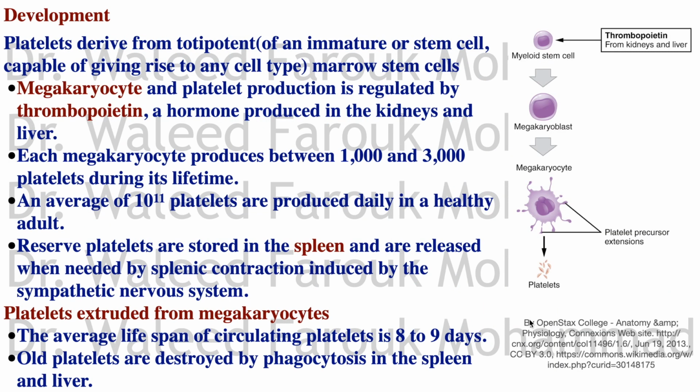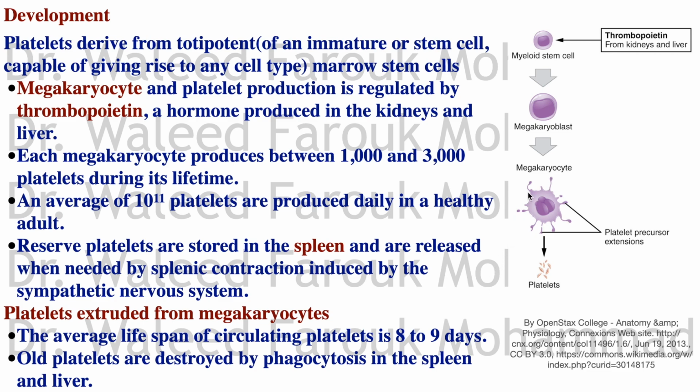The development of platelets: totipotent or immature stem cells in the bone marrow develop into a megakaryocyte under the effect of a hormone called thrombopoietin, produced in the kidneys and the liver.